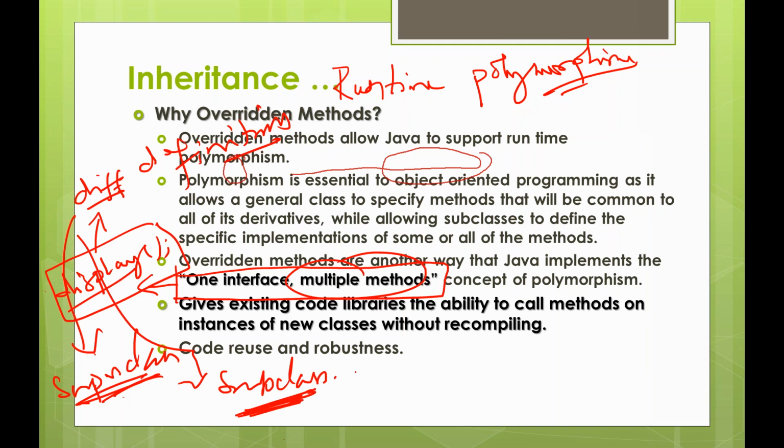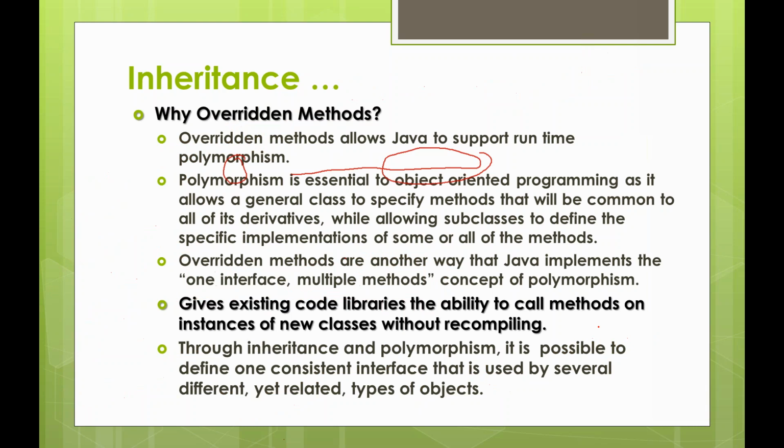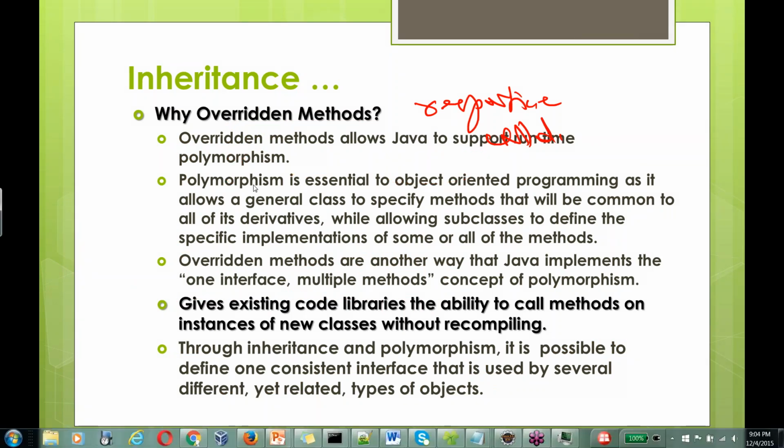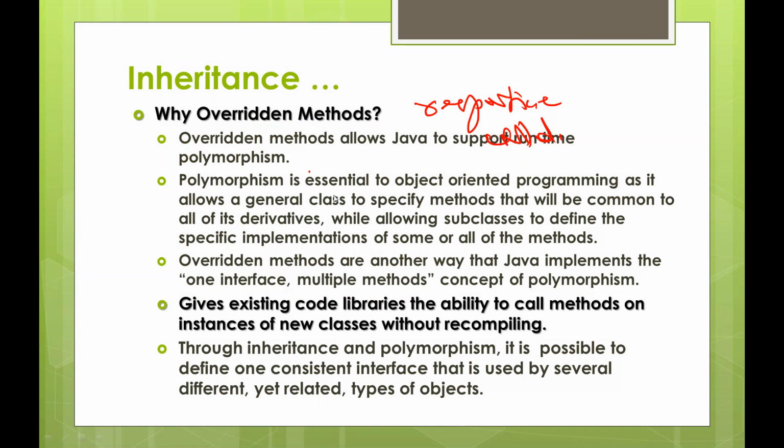And using dynamic method dispatch, the respective method is called. Which method is needed? That particular method is called. That is why this is called runtime polymorphism. Through overridden methods, Java implements runtime polymorphism.